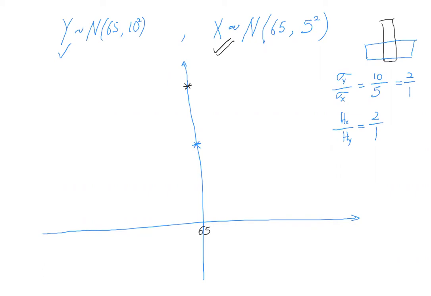Then for this height of Y, I'm going to divide into 3 equal parts. Why? Can someone tell me why? Brandon?